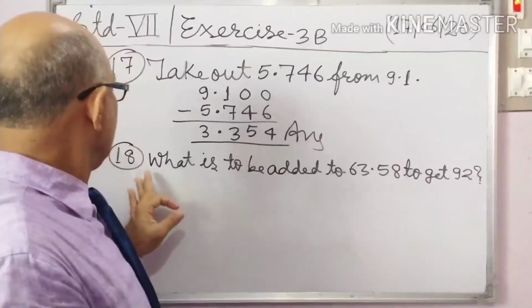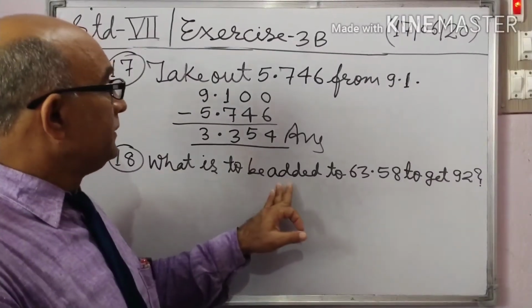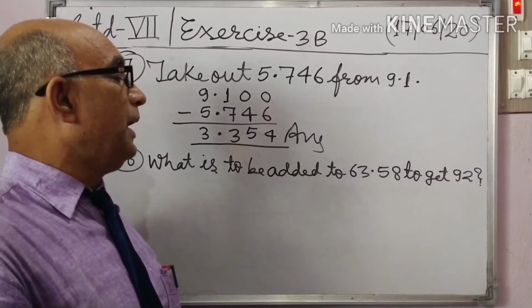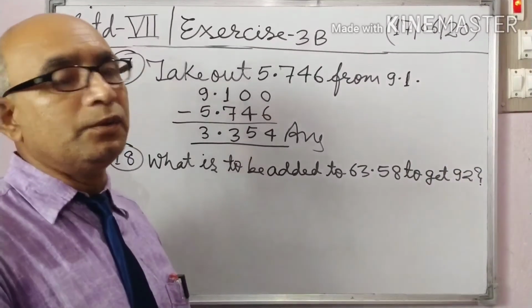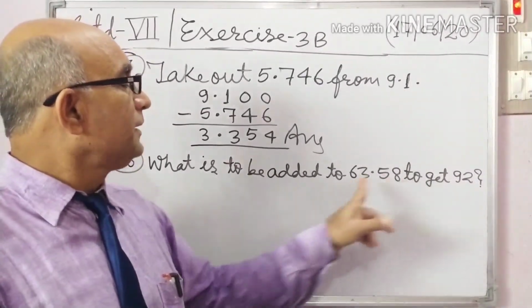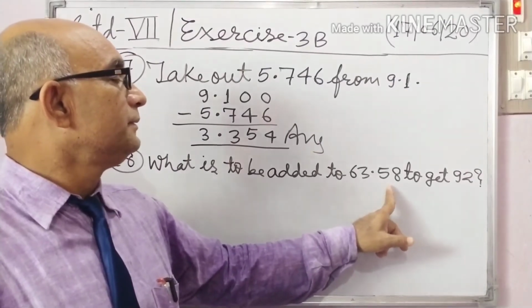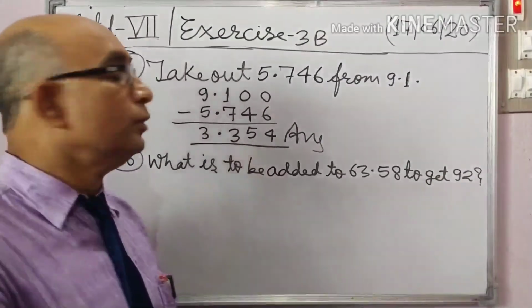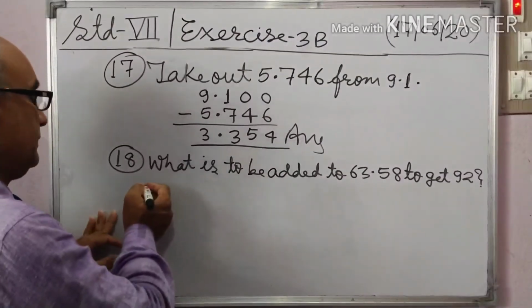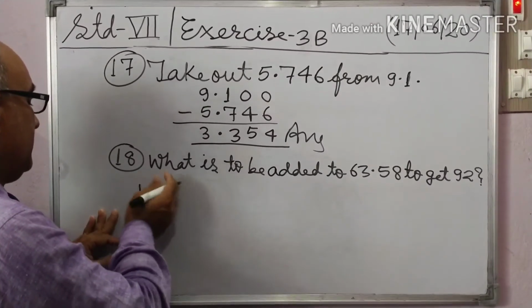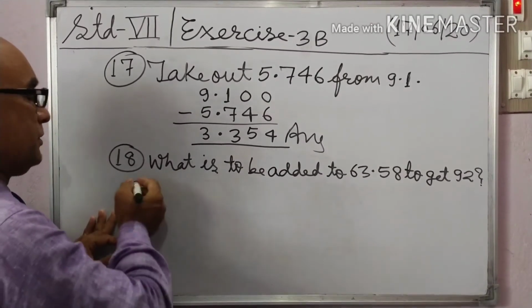Students, care here. What is to be added to 63.58 to get 92? Here also subtract 63.58 from 92. So write it and solve it also.